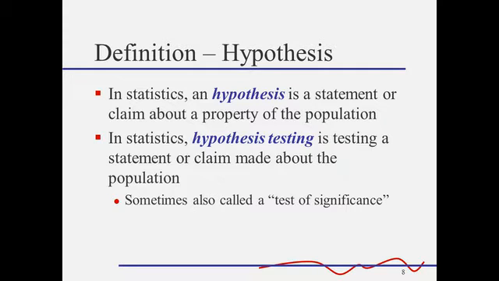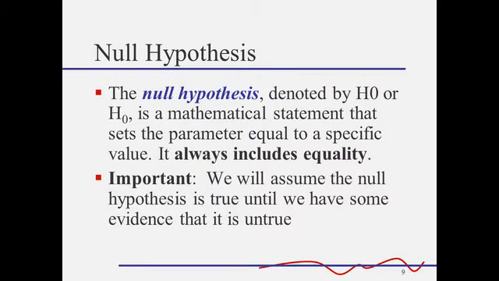Sometimes hypothesis testing is called a test of significance, and I think you'll see why that's true as we go through this section. We have two different hypotheses, and the first one is called the null hypothesis, and it's denoted by H0, null being an old-fashioned British word for zero. The null hypothesis is a mathematical statement that sets the population parameter equal to some value.